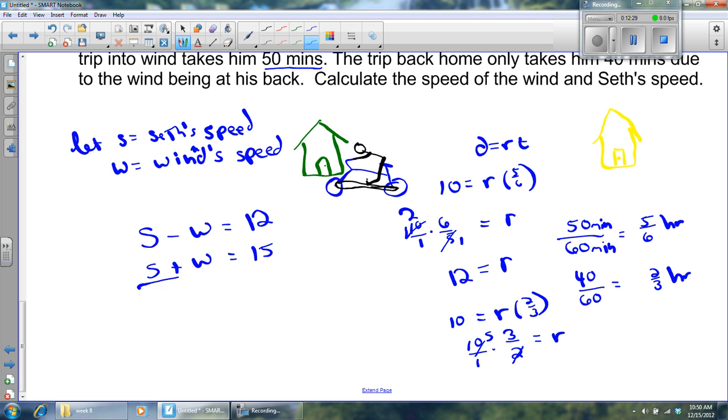Okay, well, let's see here. I'm going to get 2s. Those are going to cancel. And I'm going to get 27. And half of 27 is going to be 13.5 miles per hour.